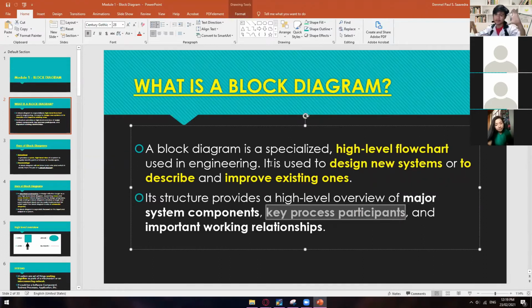We have the customer or user, and then the system or the company, and other important working relationships. It is not limited to one system only. It can have two systems connected with each other, having one input and a system, and then the output passes through another system, and then another output again. So you can have as many working relationships as you want in your block diagrams.